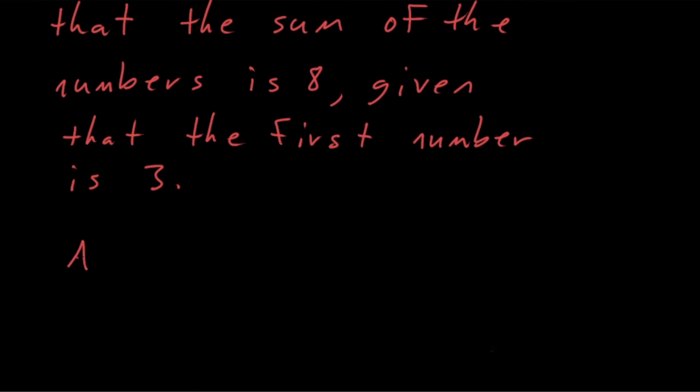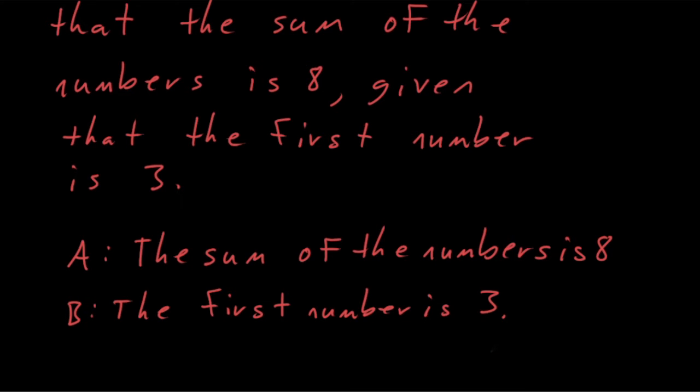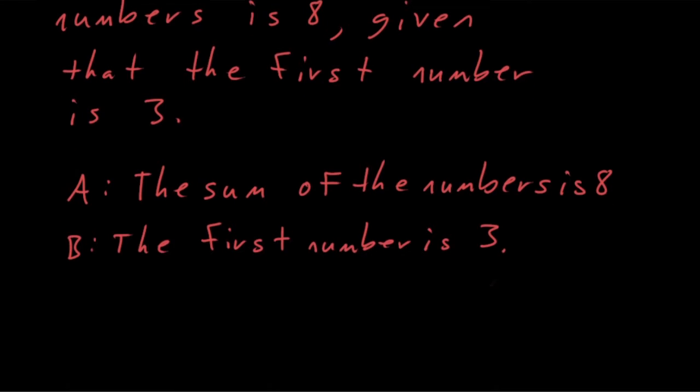our events. So let A be the sum of the numbers is 8. And let B be the first number is 3. See how those are the two events in the example?